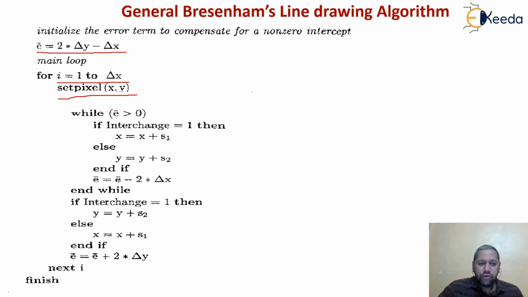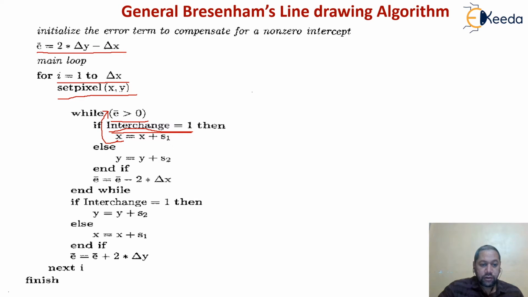After setting the first pixel, I have to check the sign of the error term. If the error term is greater than 0, I check if interchange is equal to 1. Interchange equal to 1 means delta y is greater and x depends upon the error term, so x is equal to x plus s1.